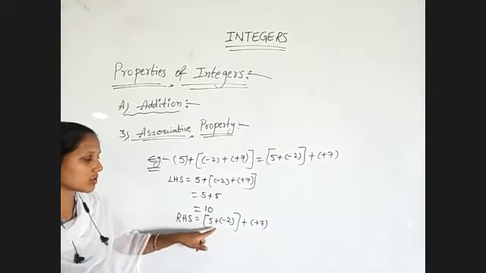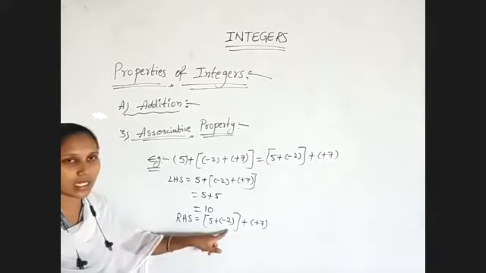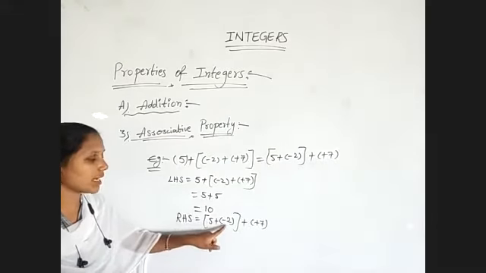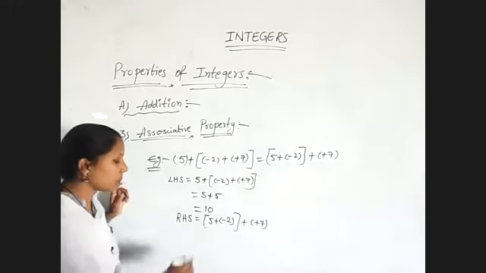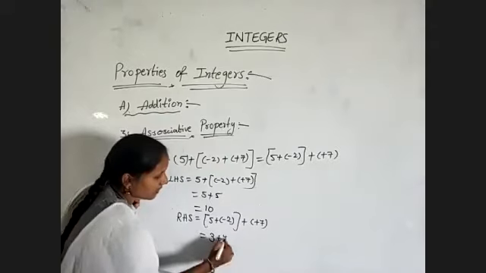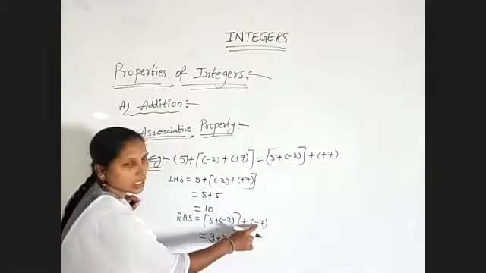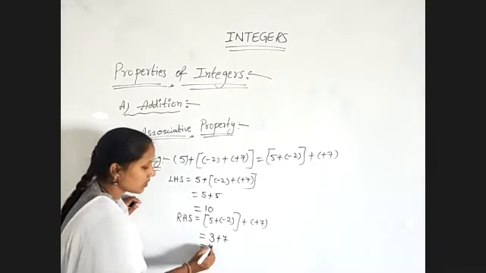Between these 2 integers, again addition only. One is positive, one is negative, so subtraction. 5 minus 2 is equal to 3, and 5 is having plus, so we will get plus 3. Plus of 7, because plus only is directly written as 7. So 3 plus 7 is equal to 10.